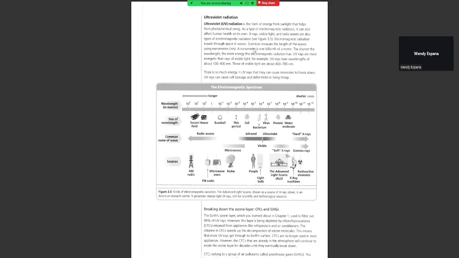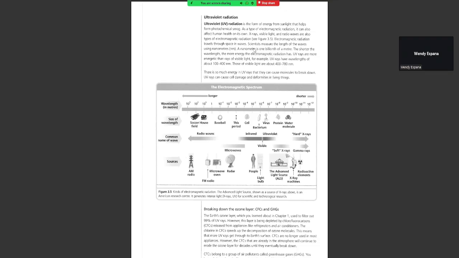It says at the bottom of page 64, the Earth's ozone layer used to filter out 99% of UV rays. And that's good. That's what we want. However, with the hole in the ozone layer, we know that it is getting more and more, allowing more and more rays to pass in.